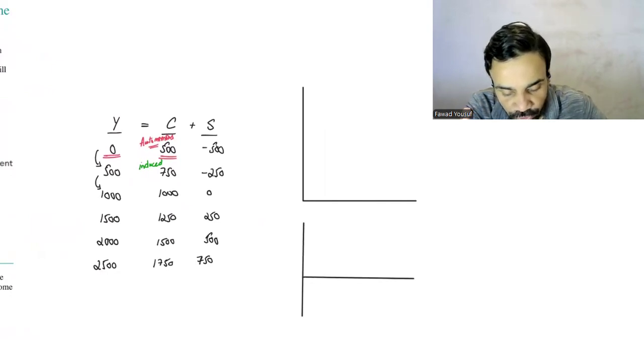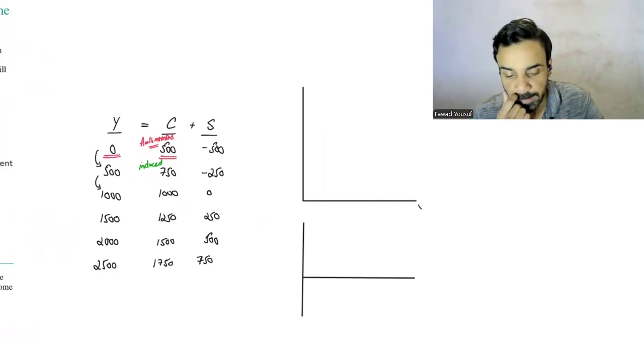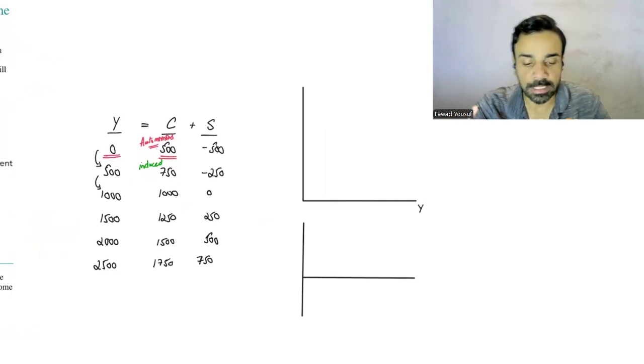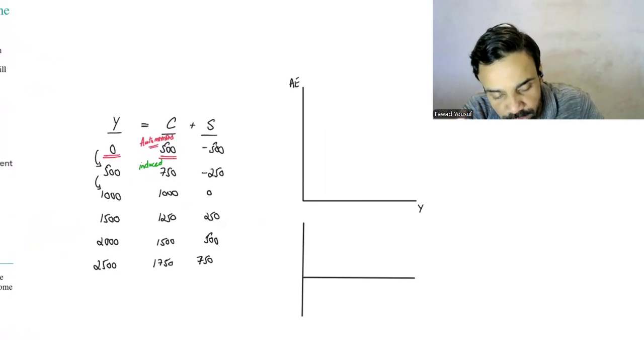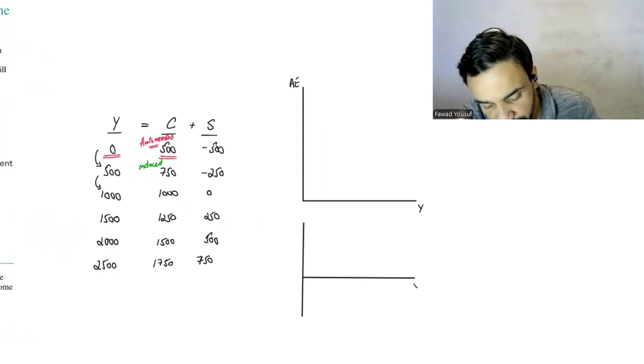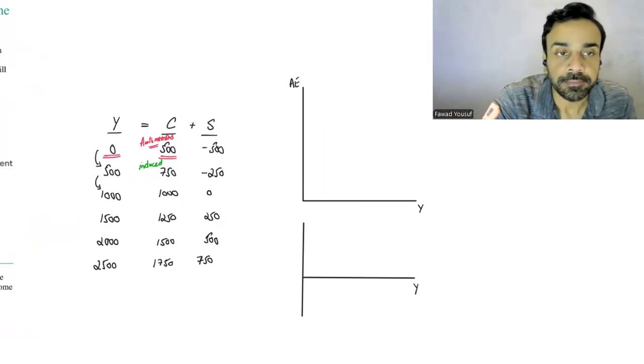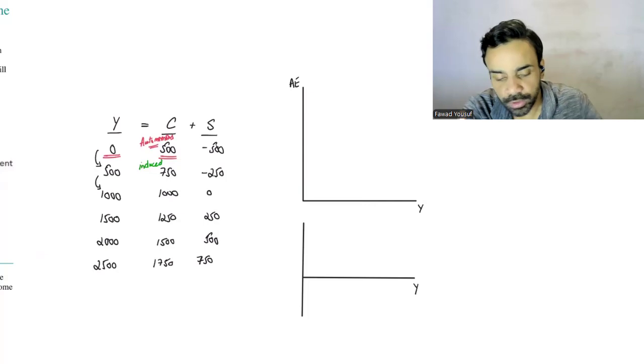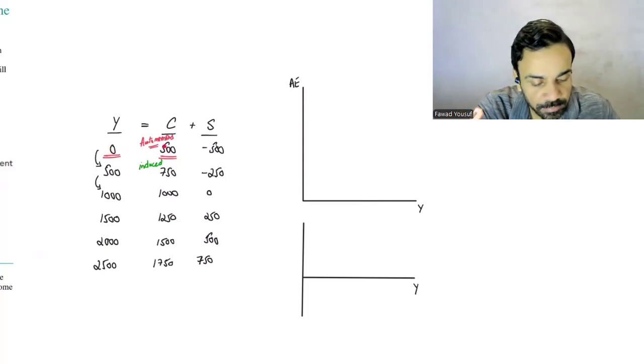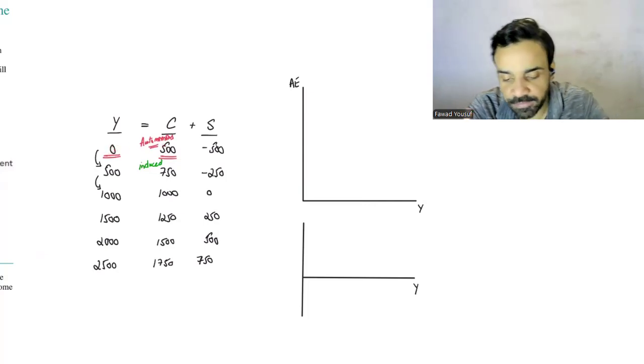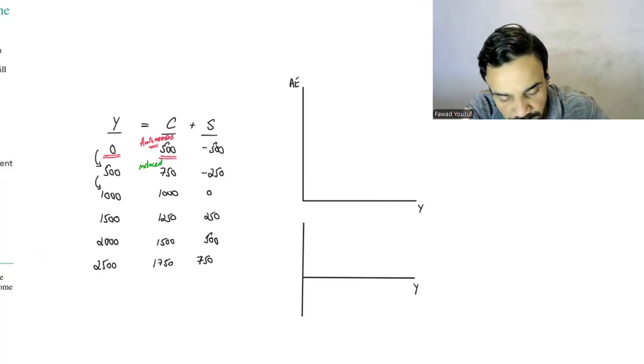This is the derivation of the diagrams that Bamford has made. Income goes on the y-axis, aggregate expenditure goes on the x-axis. Okay. So if I draw this line, at zero income, a consumption of 500. So that could be a mark over here.